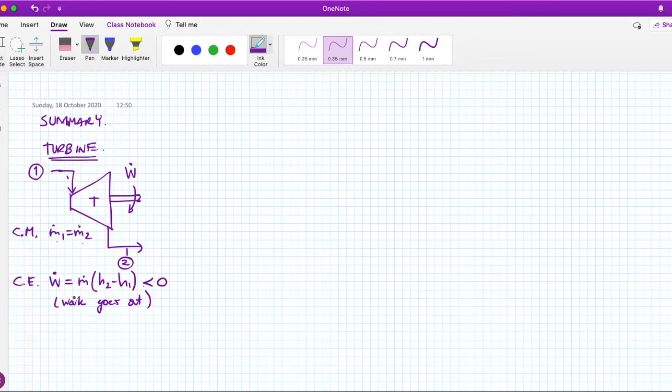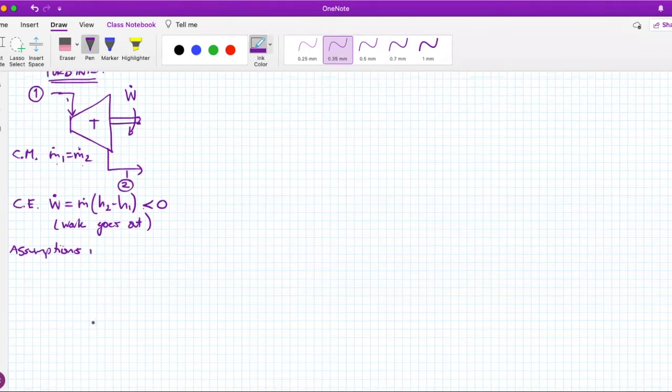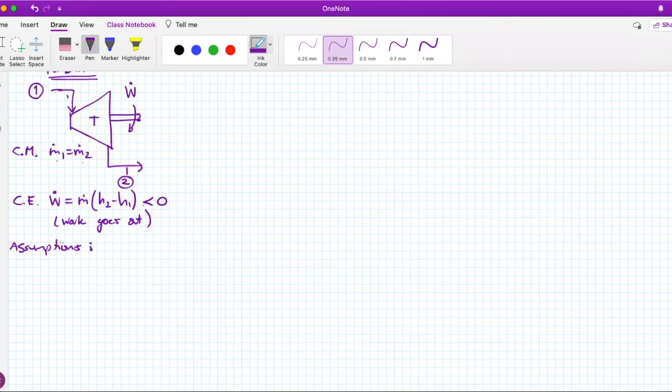Now let me put assumptions here. Some assumptions of what I have done in order to get to these equations, which you should take into consideration: the turbine is mainly adiabatic. The changes in potential energy are around zero.